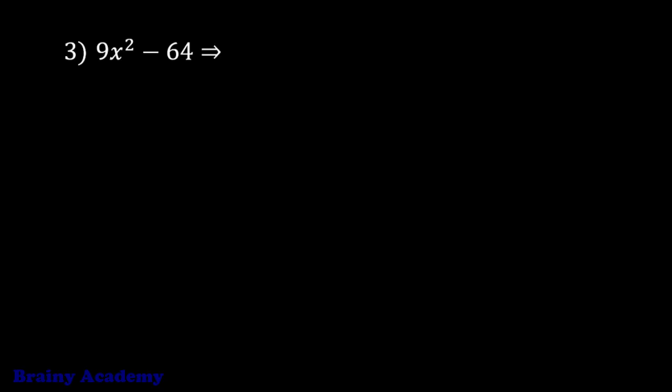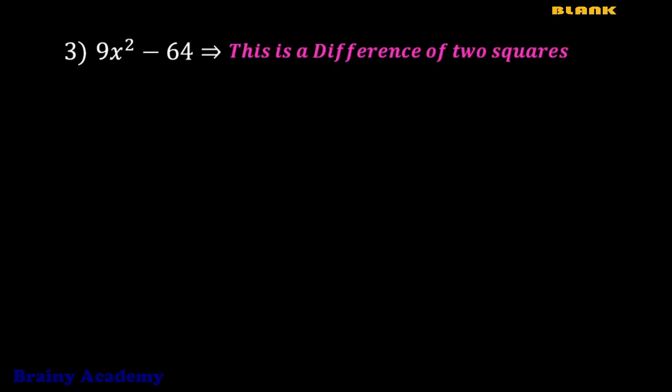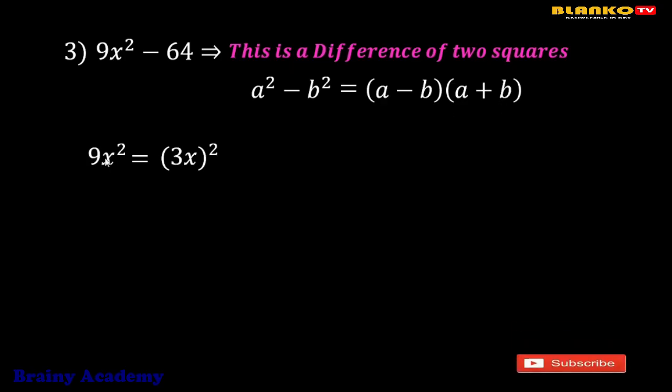This is a difference of two squares, where a squared minus b squared is equal to a minus b in a bracket multiplying a plus b in a bracket. 9x squared is equal to 3x in the bracket squared, or 3x raised to the power 2.